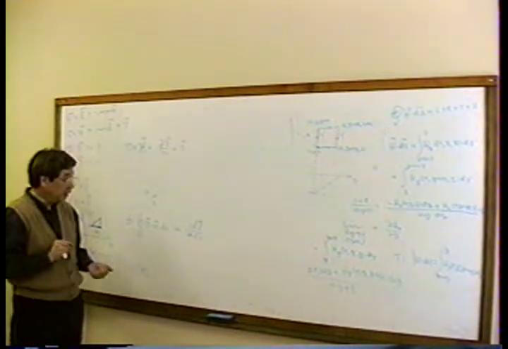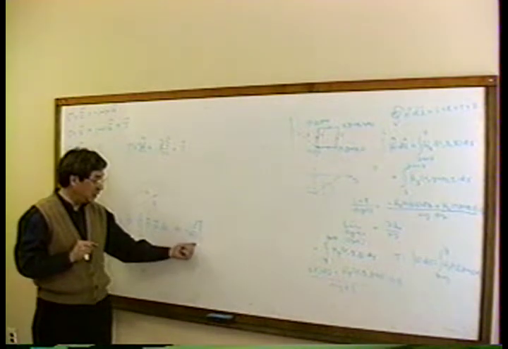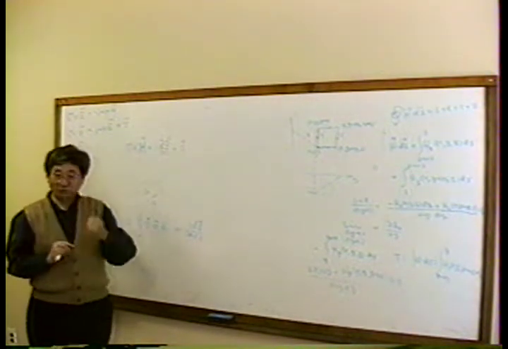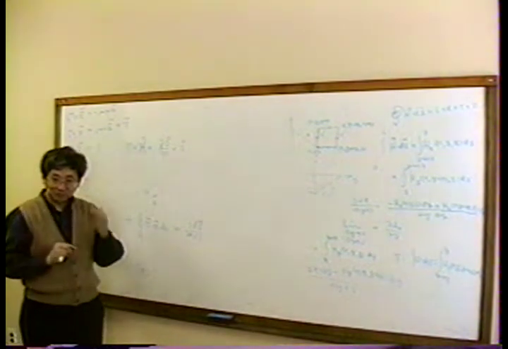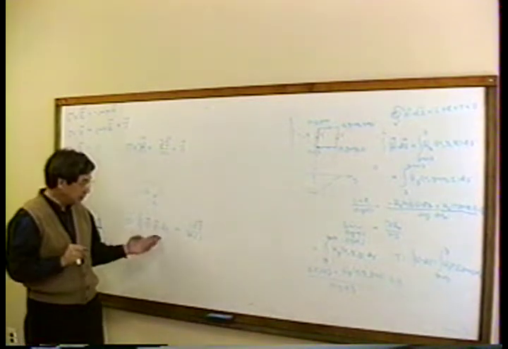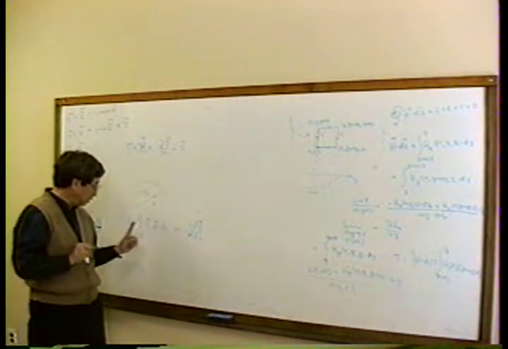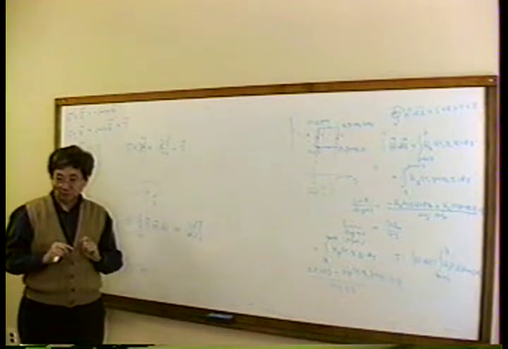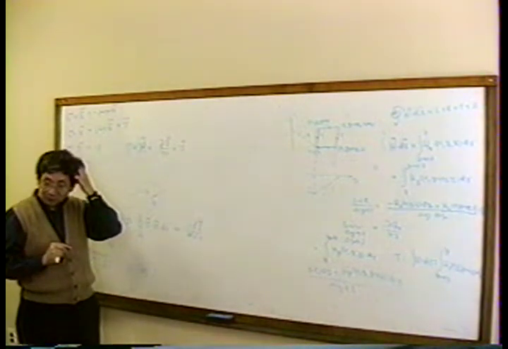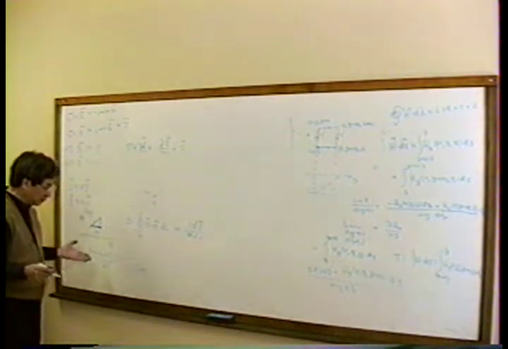So therefore, dQ/dt is equal to minus 2. That's your current. In other words, this relates the current with charge. So this is only starting now.